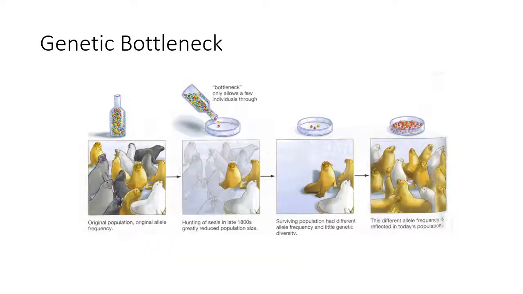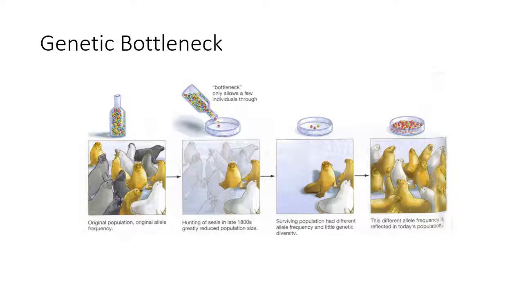So here we have an example of a genetic bottleneck. We have a bottle with the small little bottleneck. That's why it's called a bottleneck. And this is our original population. So then we get into seal hunting. And so the ones that weren't wanted are the only ones that are left to breed. So we have only a few breeding. Here the example was 2 brown seals and 1 white seal.